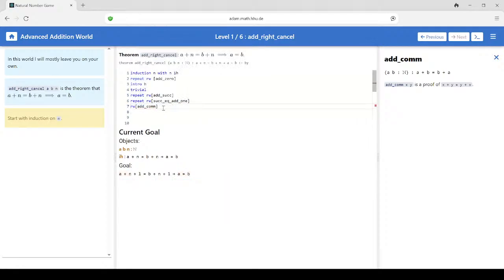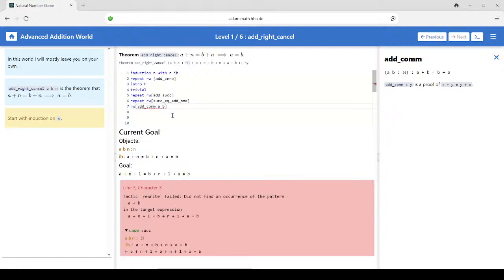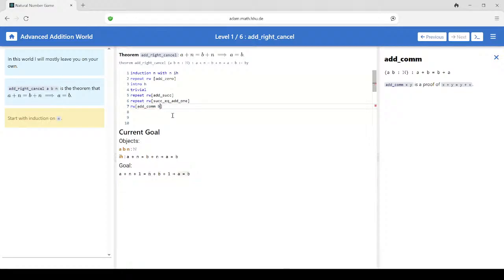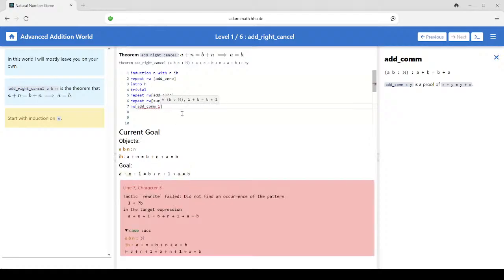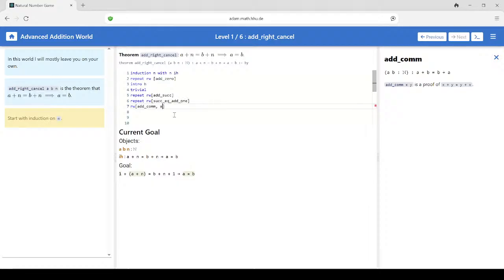Nope, can't repeat it. Ugh, how do I get it to apply to the second one? Hang on a sec.